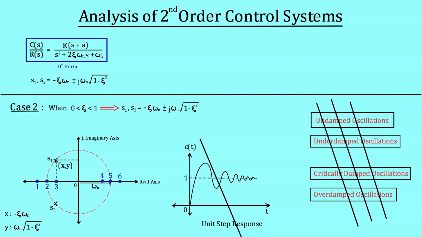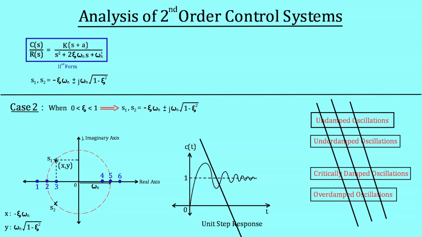That's why the nomenclature is not used when we are dealing with a second order control system which has a zero also. However, the location of the poles will look exactly the same, the reason being very simple, as the denominator has not changed at all. It is exactly the same as it was in the standard form.